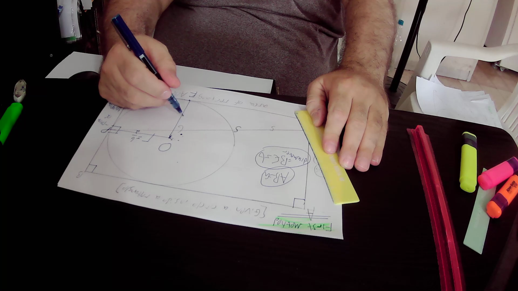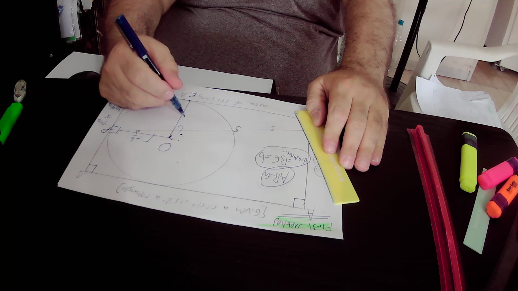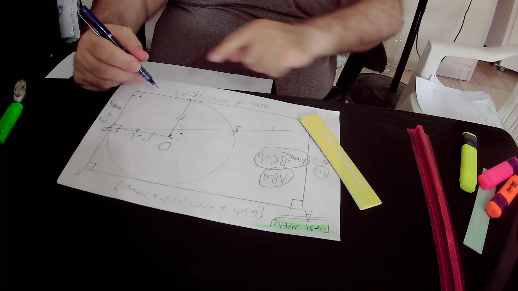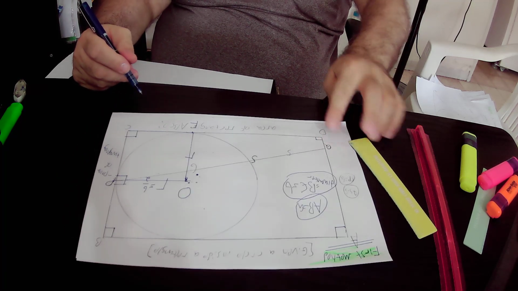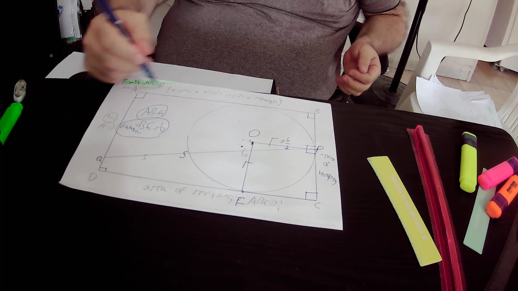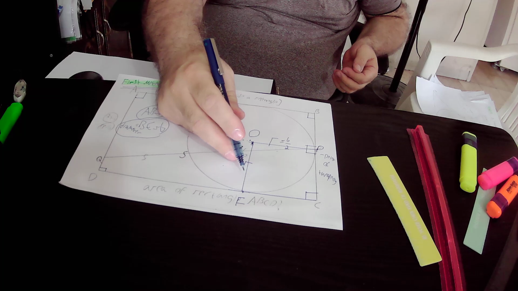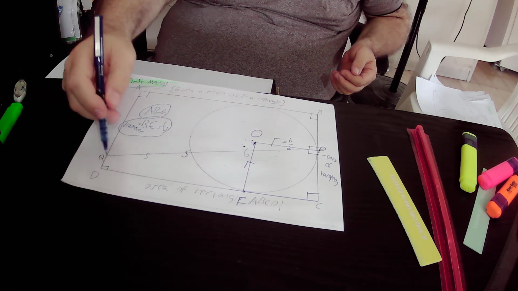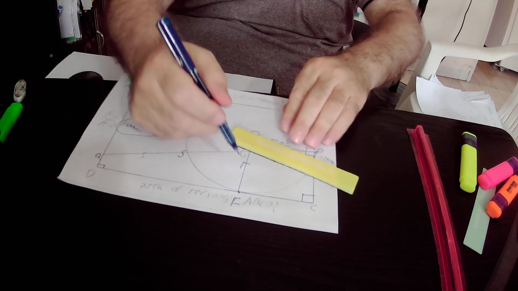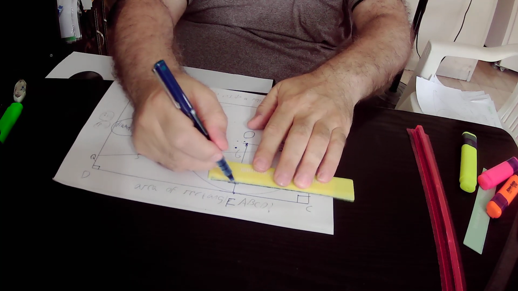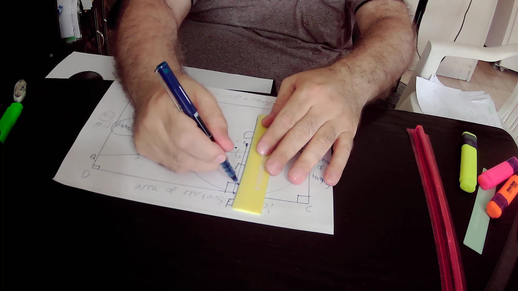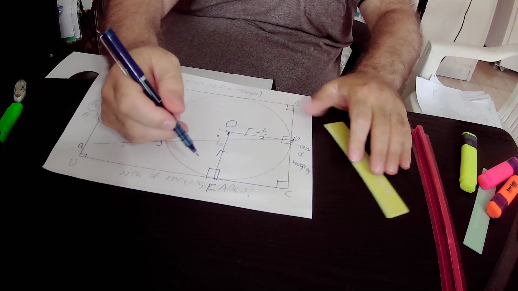Therefore, OF is the radius of this circle, equal to R. Again, F is the point of tangency of tangent DC with this circle. We have the radius OF drawn to the point of tangency. Therefore, tangent DC will be perpendicular to the radius FO. That is to say, this angle equals 90 degrees according to rule number 1, and this angle also equals 90 degrees according to rule number 1.